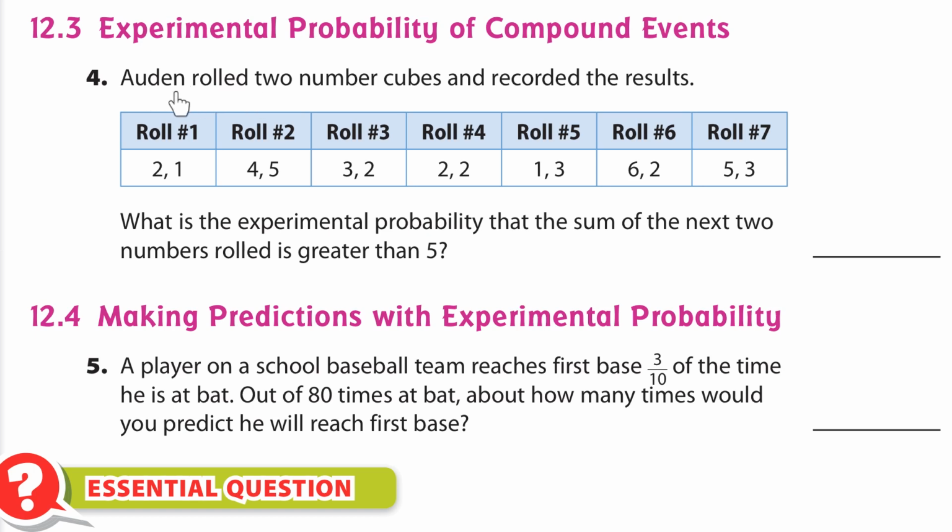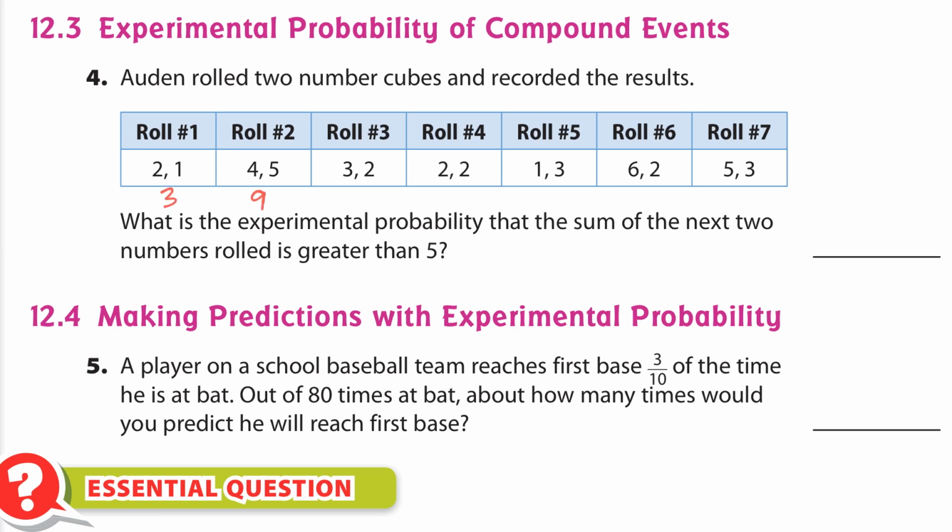Auden rolled two number cubes and recorded the results. Here are the results. You can go from 1 to 6 on a number cube. What's the experimental probability that the sum of the next two numbers rolled is greater than 5? Well, let's see how many of these had a sum of greater than 5. This sum is 3.